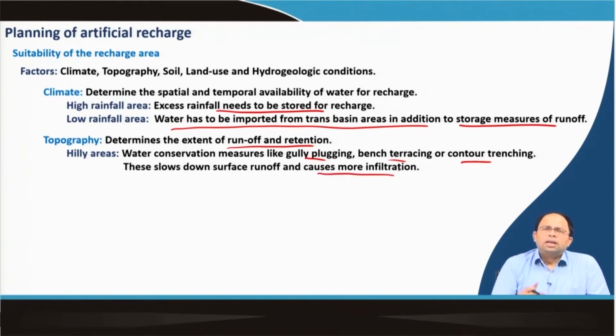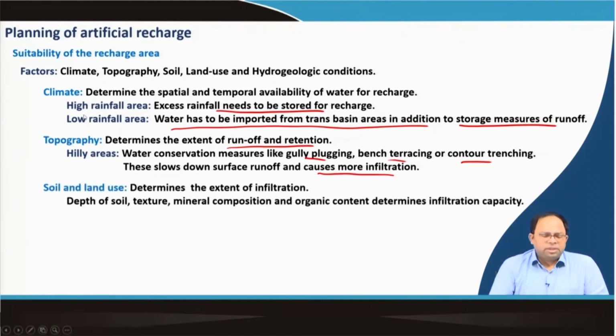So it's not a simple task. We need to plan the structure of this entire recharge process: first we need to prevent the water from flowing away, then we need to store the water, then we make sure that the water infiltrates into the ground. Soil and land use, similar to topography, also play a big role in determining the extent of infiltration. Depth of soil, texture of soil, mineral composition, and organic content determine the infiltration capacity.